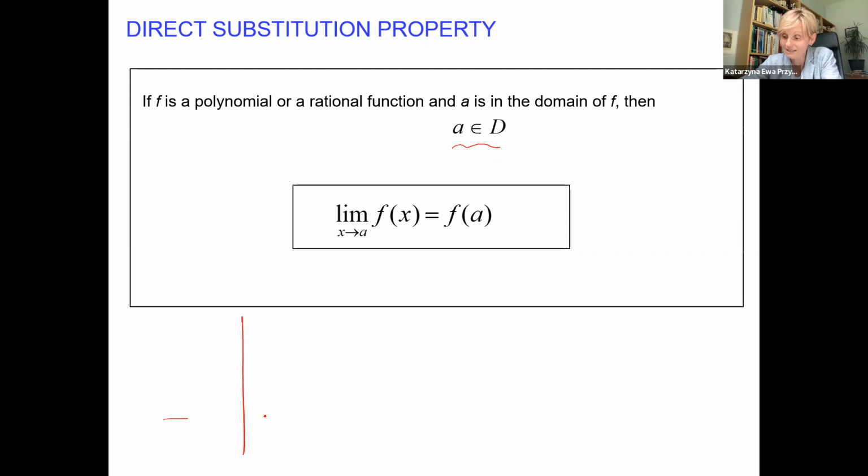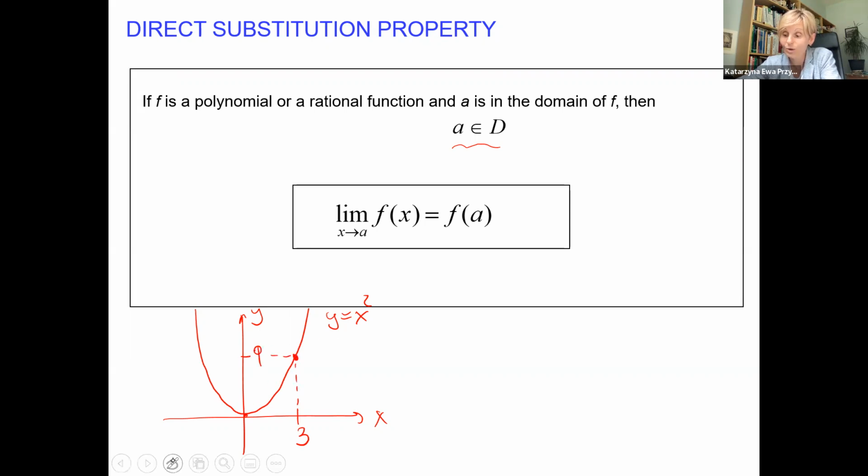Let's, for instance, double check the exercise that we did. The parabola x squared, and when we are investigating, 3 belongs to the domain. The value of the function at 3 is 3 squared, which is 9.